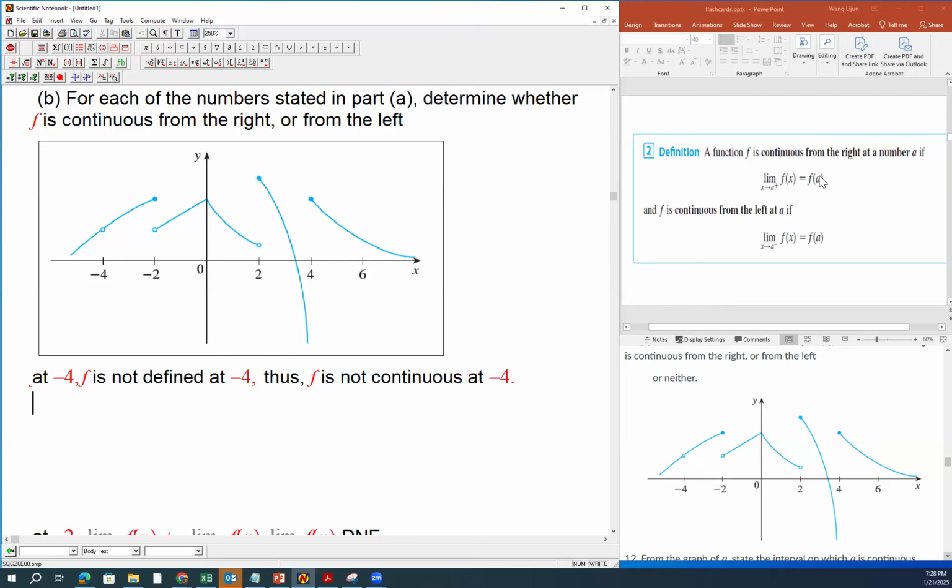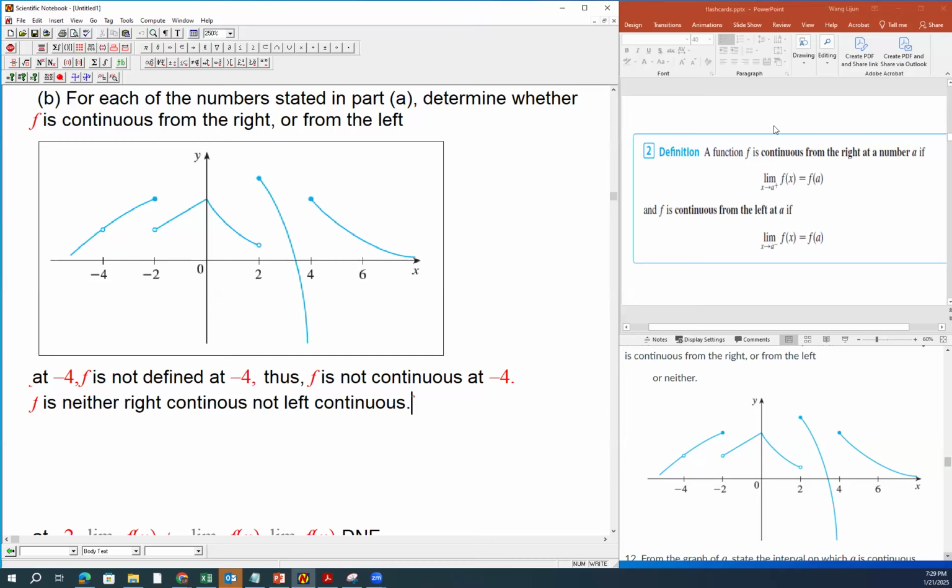At -4, the function is not defined at -4. So in other words, we cannot apply the definition, because for a equals -4, you look at the definition, you cannot write f of -4. So at -4, you would say f is neither right continuous nor left continuous, because we cannot apply the definition.